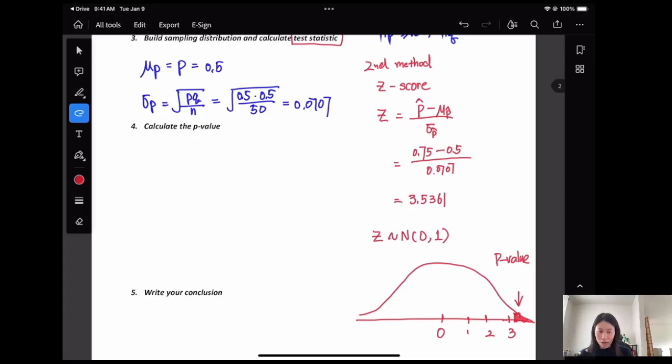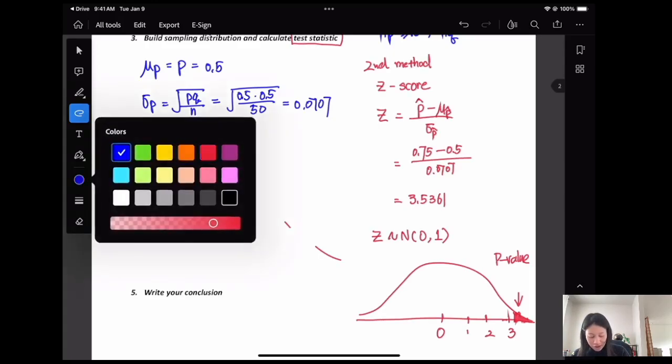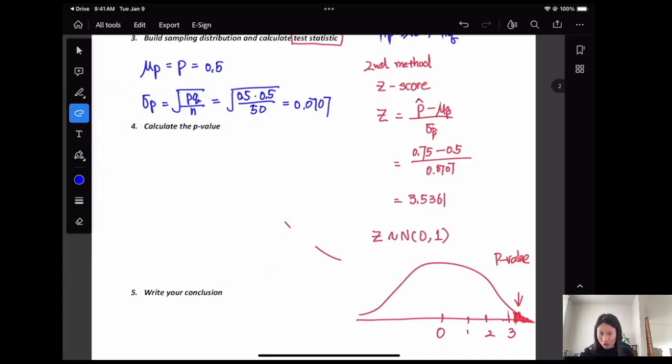Okay, so now how do we calculate the p-value? Well, this is how we do it if you use the test statistic. Now, if we use our sampling distribution of proportion, when we calculate our p-value, we have our proportion following a normal distribution with mean 0.5 and sigma 0.0707.